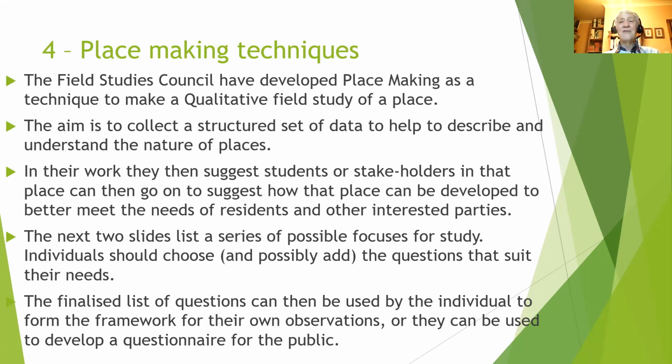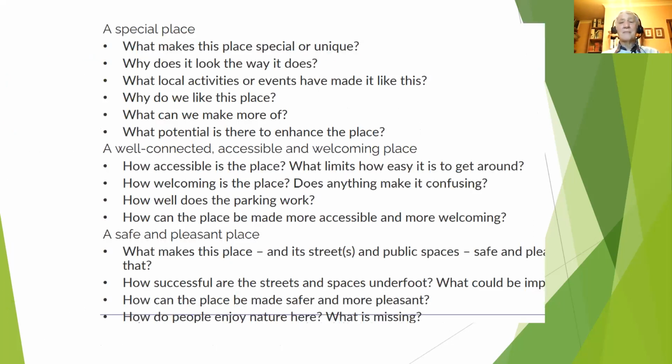So for placemaking techniques, the Field Studies Council developed a way of measuring, a way of people going out and finding out, is this a special place? Is it a well-connected, accessible and welcoming place? Is it a safe and pleasant place? These are the kind of questions that you can ask.